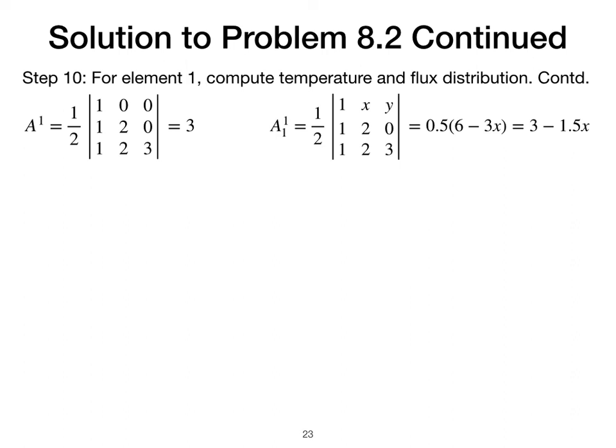A1 is expressed in terms of a determinant, so we put the values of x2, y2, x3, y3 here, and we get the value as 3 minus 1.5x.